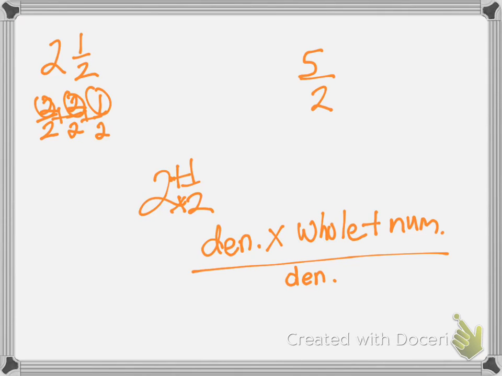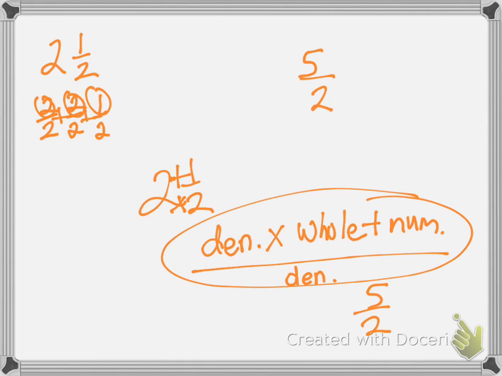So we go 2 times 2 is 4, plus 1 is 5, and we end up with 5 over 2. All right, so now I want to do one more of those with you doing it on your own. So I'm going to go 4 and 3/4. So go ahead and pause this one and try it on your own, and then unpause and I will go over it.